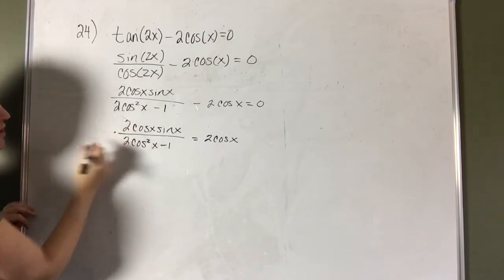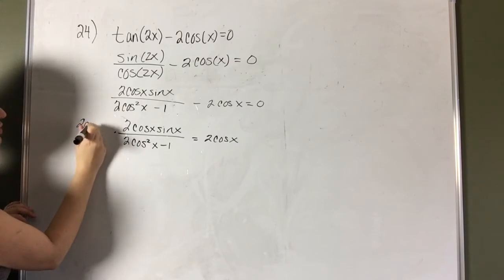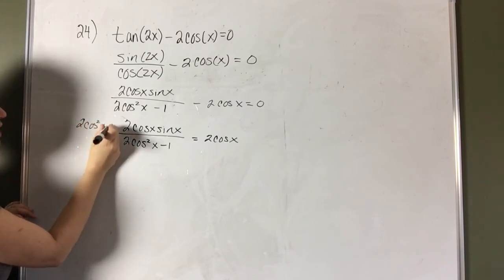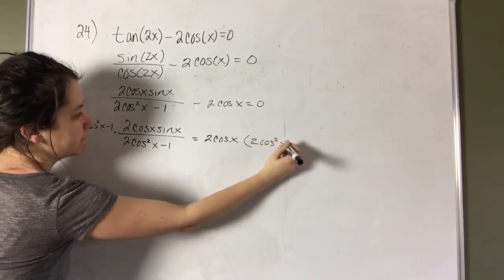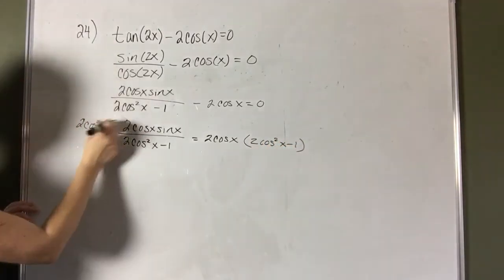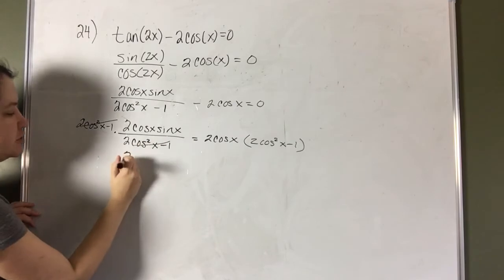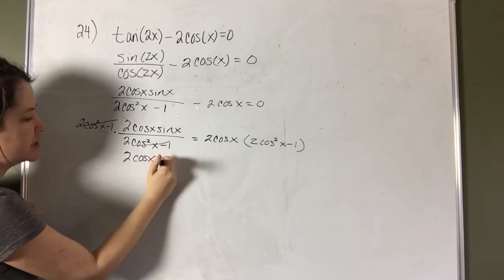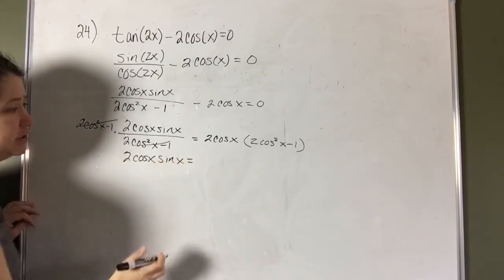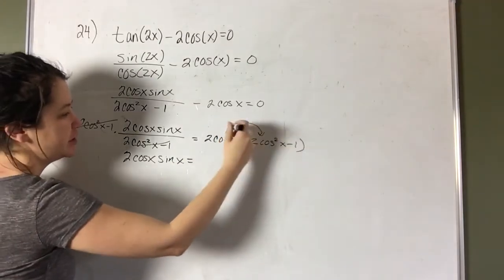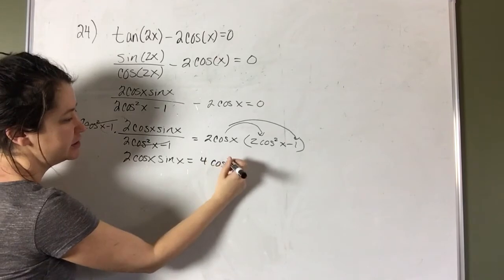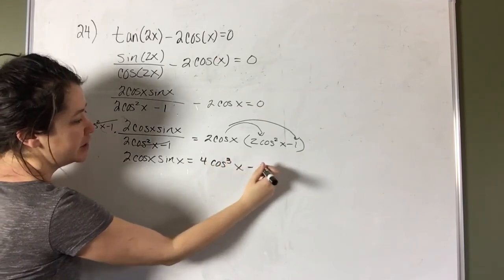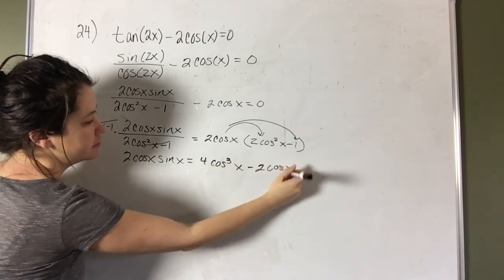So we're going to multiply both sides of the equation by 2 cosine squared minus 1. So that cancels that out. So we have 2 cosine x sine x equals, over here we can distribute. So we get 4 cosine cubed minus 2 cosine.